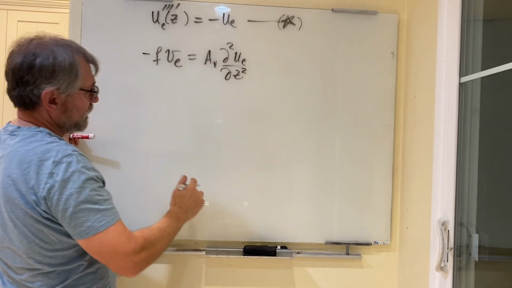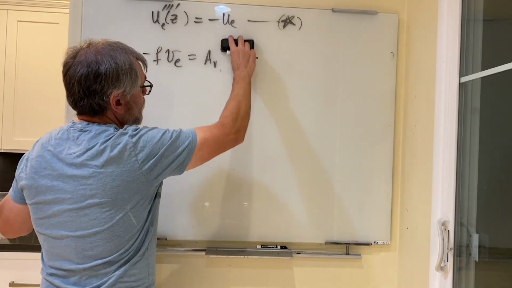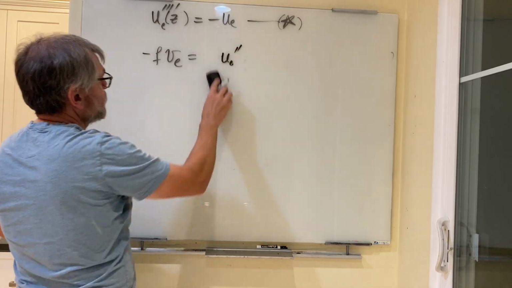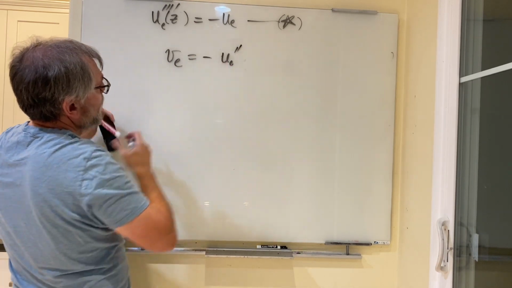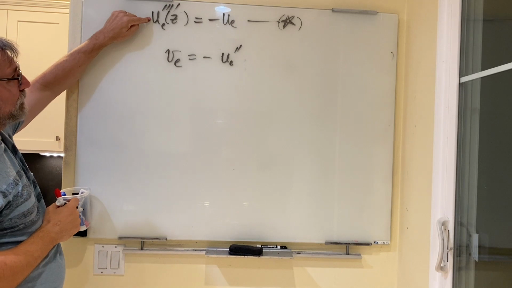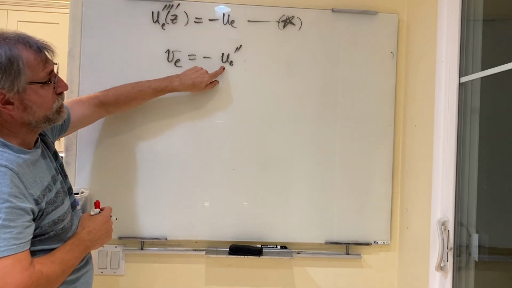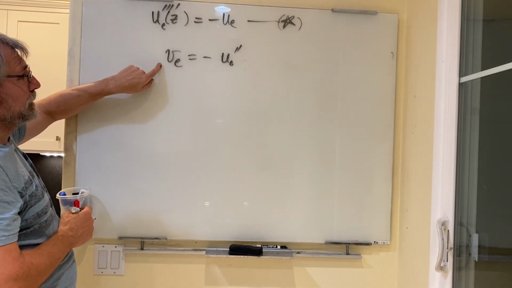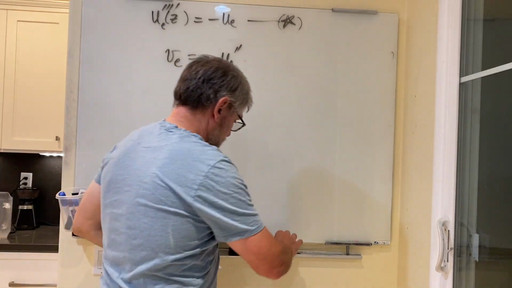If I replace it with the non-dimensional z, then this becomes UE double primed, and this goes away, and this becomes just minus VE. So I can solve this equation because it's uncoupled for UE, and then once I have UE, I can take 2 derivatives, multiply by minus 1, and I'll get the solution for VE. Yeah, so let's solve for these equations.